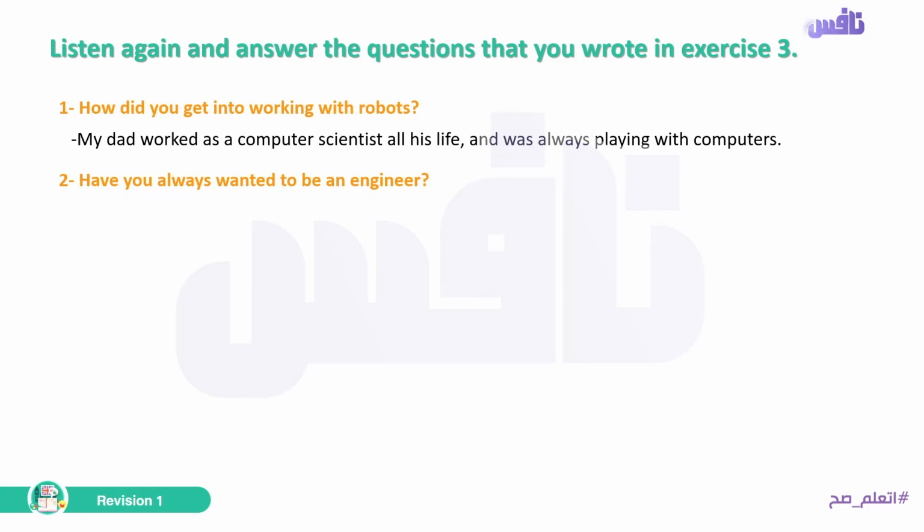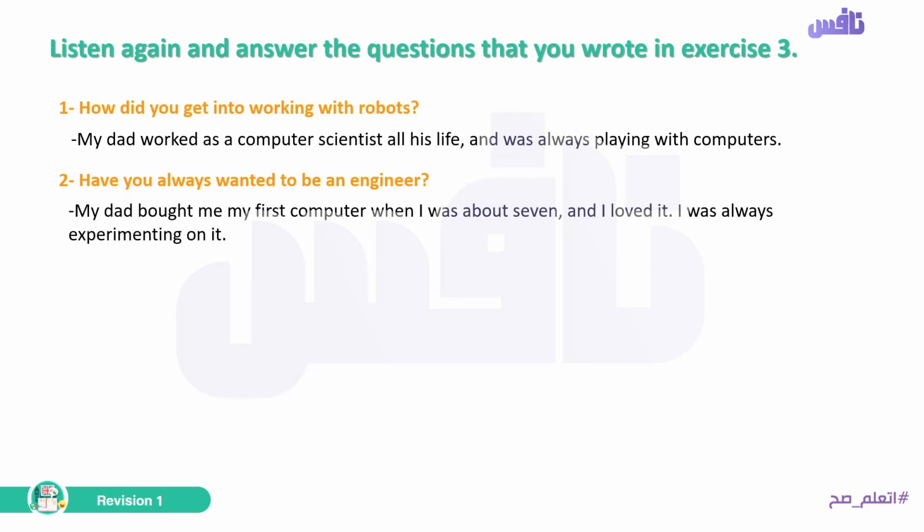Question number 2: have you always wanted to be an engineer? The answer: my dad bought me my first computer when I was about 7 and I love it. I was always experimenting on it.